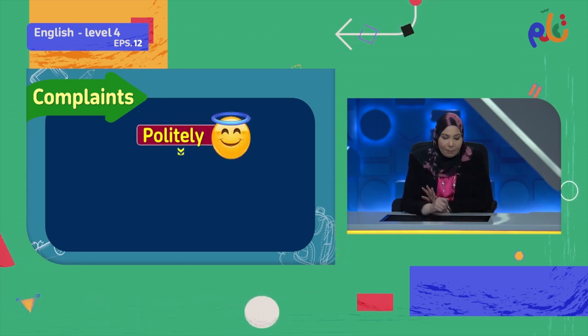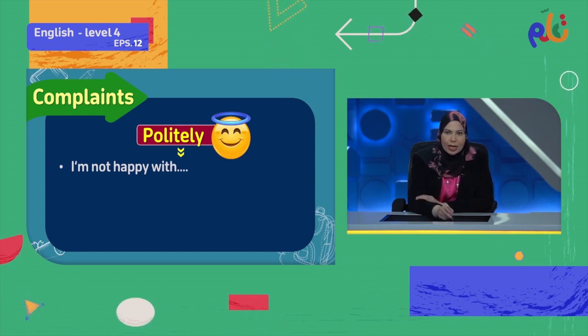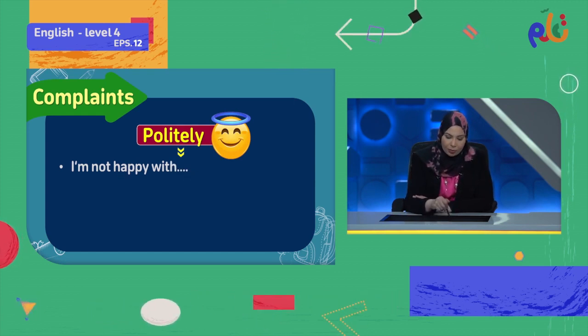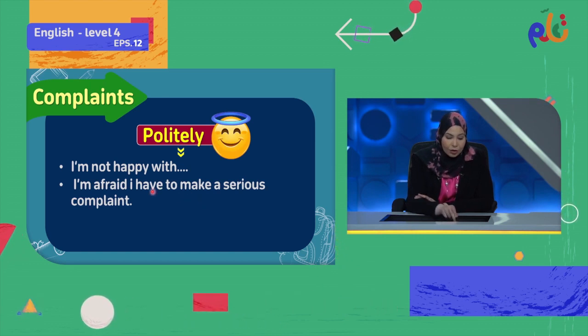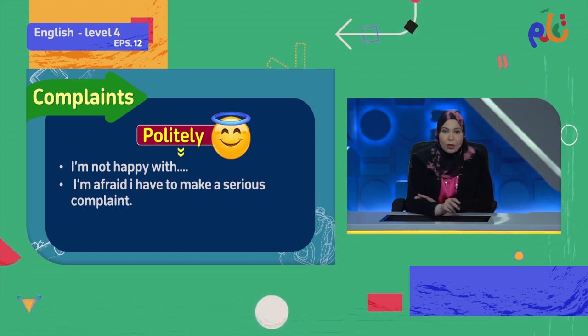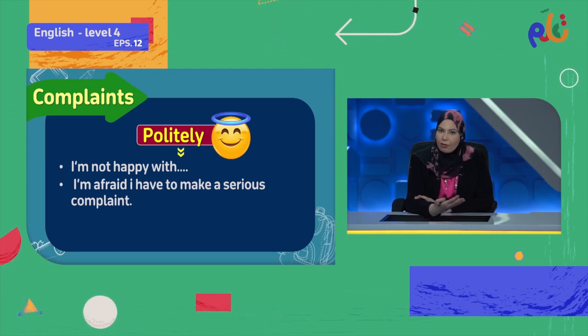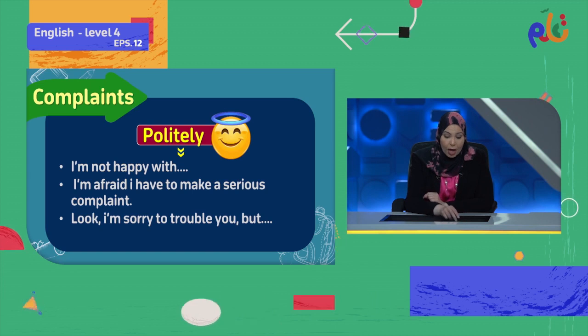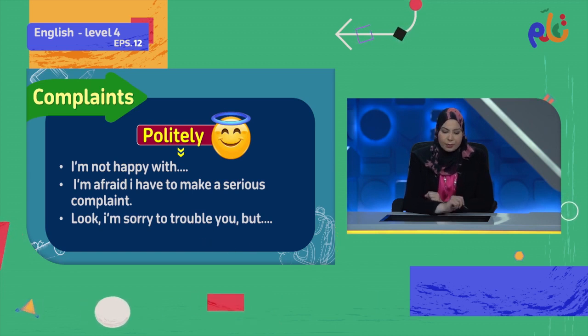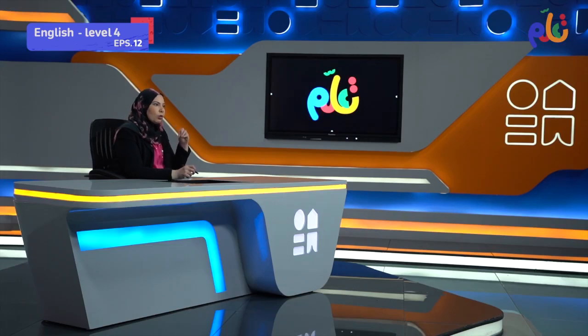And we're still talking about politely. I am not happy with, we can say I am not happy with, or I am afraid I have to make a serious complaint, which means I am still not very happy. Or, look, I'm sorry to trouble you, but, this means I am sorry to bother you, but, and after but, I put a complete sentence.